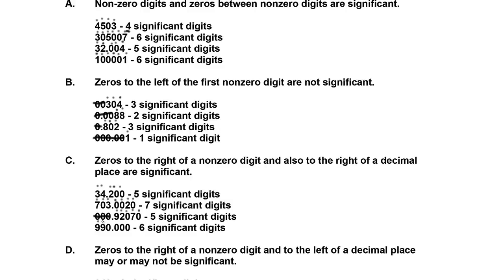Well, we know these 2 nines are significant. But these zeros here, this 0 is at the end of the number and to the right of the decimal place. So you know it's significant. That automatically qualifies all of these other zeros as significant. So we have 6 significant digits.